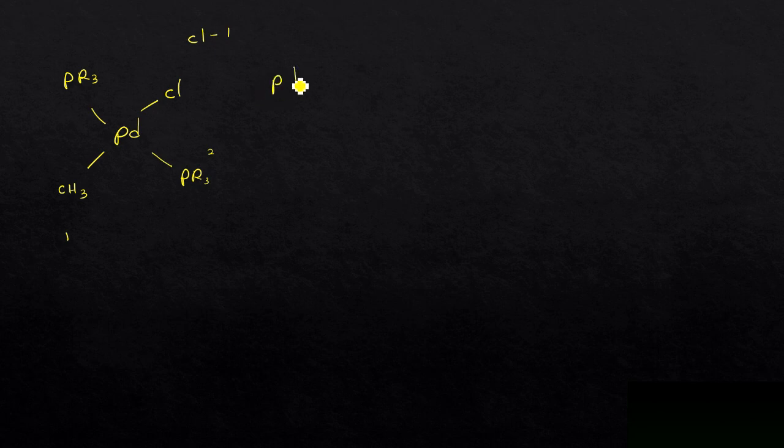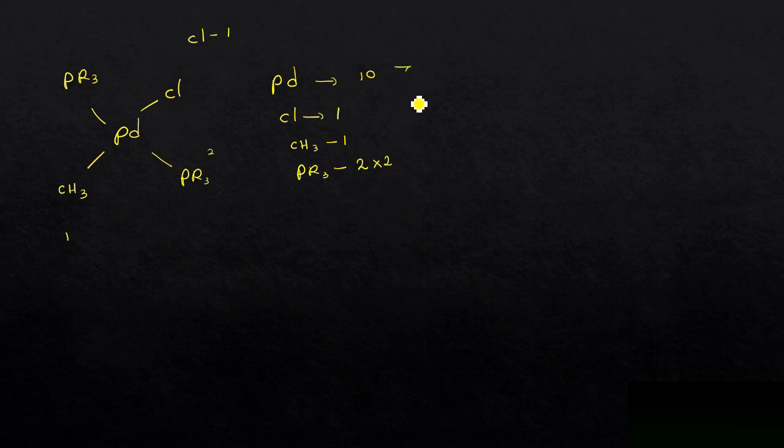Let's say palladium has a total of 10 electrons in its last energy level. You can check it easily with a periodic table. Then you find the total electrons contributed by the ligands in our second step. Chlorine will give 1 electron, CH3 will give 1 electron, PR3 will give 2 electrons, and here we have 2 ligands of PR3.